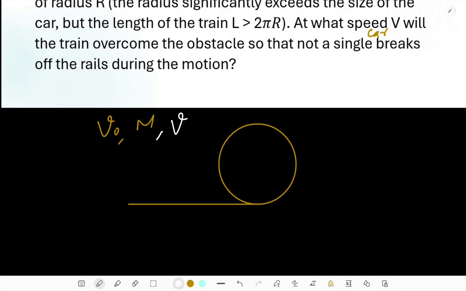It can be found using mechanical energy conservation, which is used because friction is not doing work here. Friction might act between the wheels of the train and the loop surface, but it will not do work. That means it is rolling.